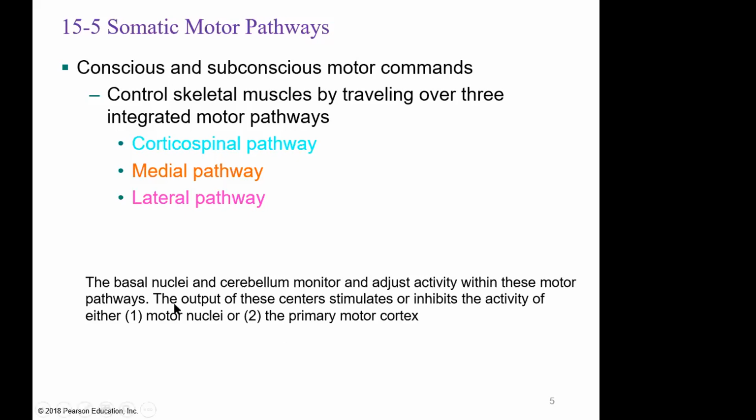The output of these centers, again, can stimulate or inhibit the activity of either the motor nuclei or the primary motor cortex. So remember that primary motor cortex is going to be in the precentral gyrus in the frontal lobe, okay? The postcentral gyrus in the parietal lobe is our sensory cortex. So now we're in precentral gyrus, frontal lobe.